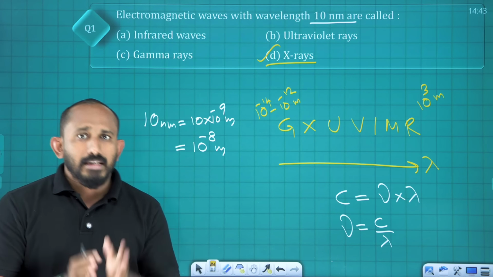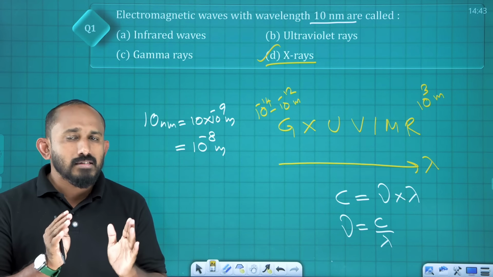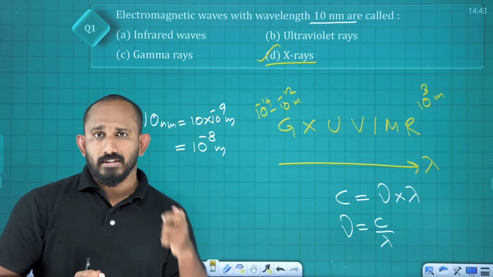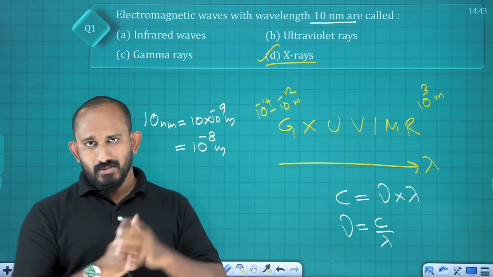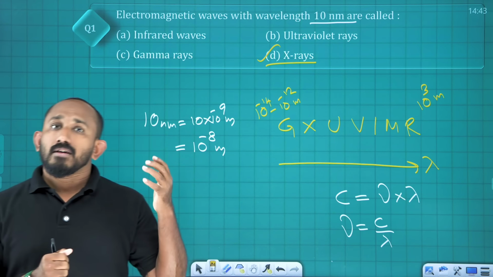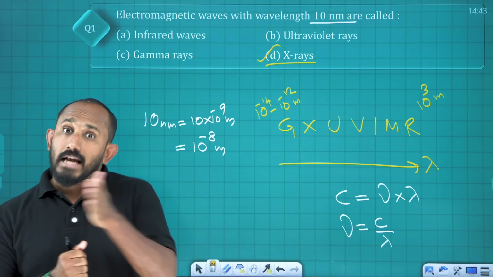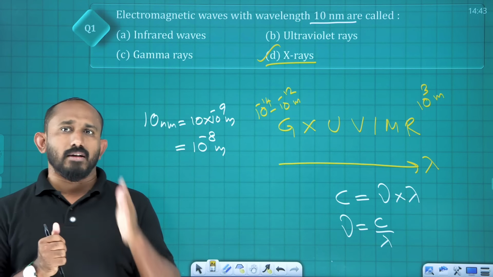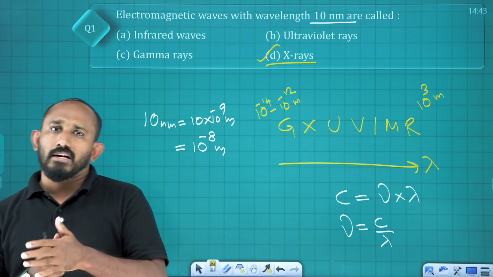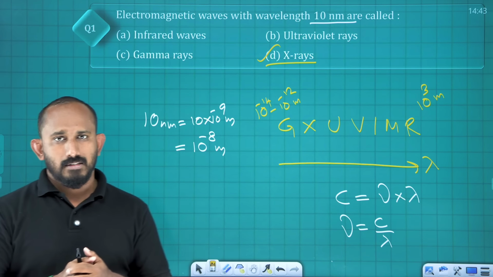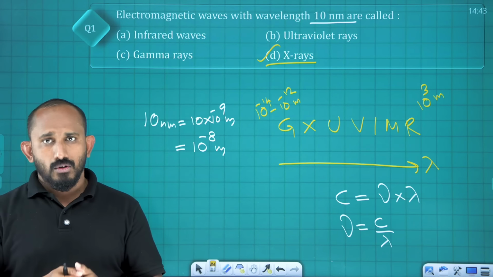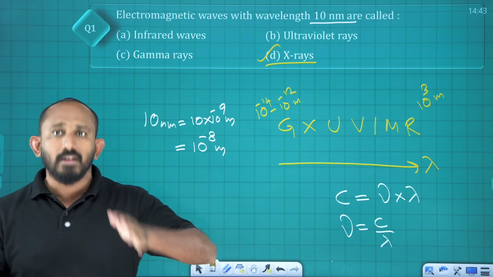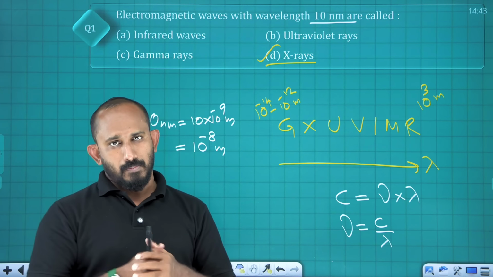Once more, the gamma rays have wavelengths till 10 raised to minus 12 meters. Then X-rays have 10 raised to minus 8 meters. Then ultraviolet, 10 nanometer to 400 nanometer. Visible light, 400 nanometer to 700 nanometer, or 4 into 10 raised to minus 7 to 7 into 10 raised to minus 7 meters.